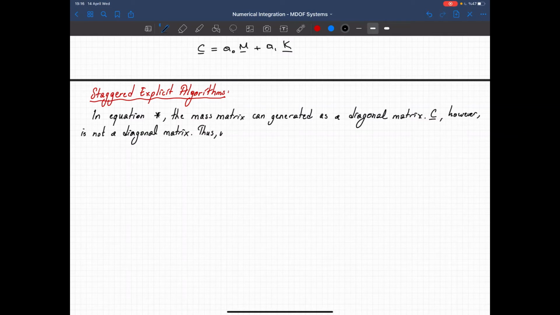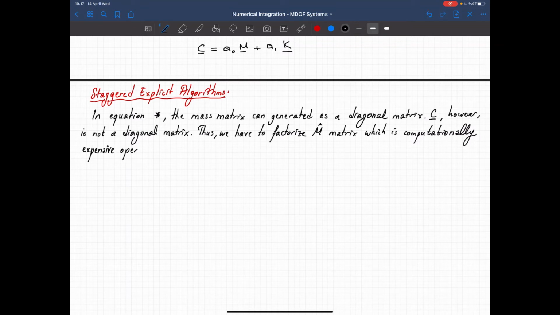Thus, we have to factorize the M hat matrix, which is a computationally expensive operation.